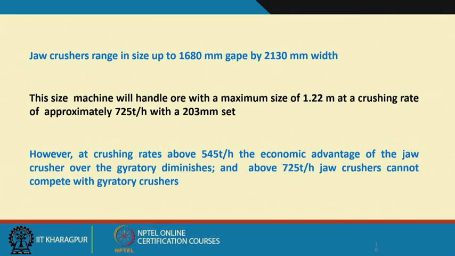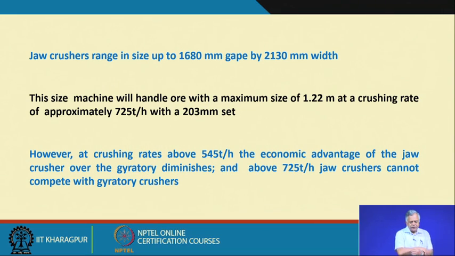Jaw crushers generally range in size, that means what is available in the market, up to 1680 millimeter gap by 2130 millimeter width. This size machine will handle ore with a maximum size of 1.22 meter.